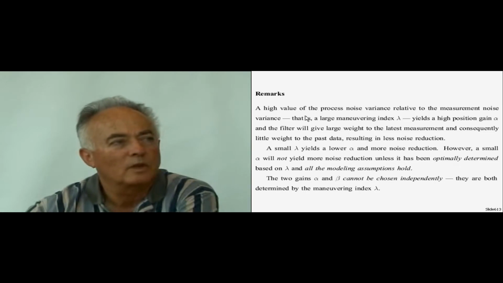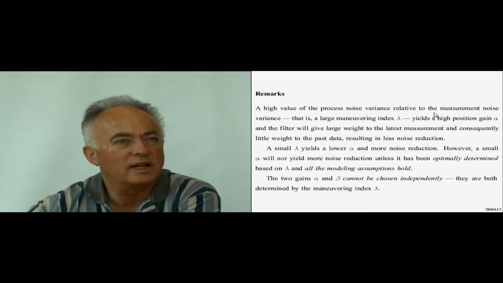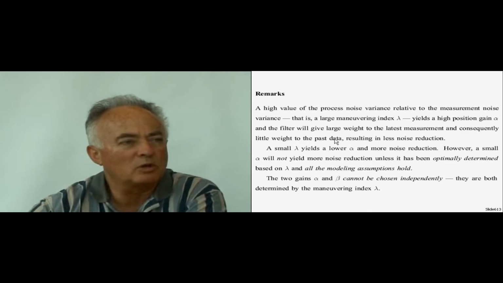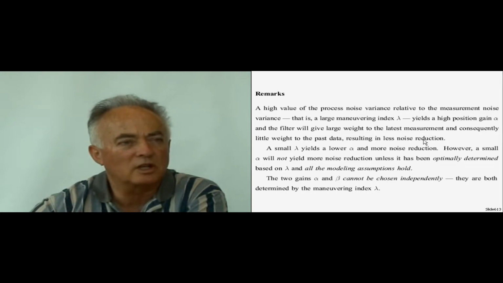Now, here is a summary of some of the comments made before. A high value, high intensity process noise relative to the measurement noise, that means large maneuvering index, yields a high position gain, and the filter will attach large weight to the latest measurement and consequently little weight to the past data, resulting in less noise reduction.